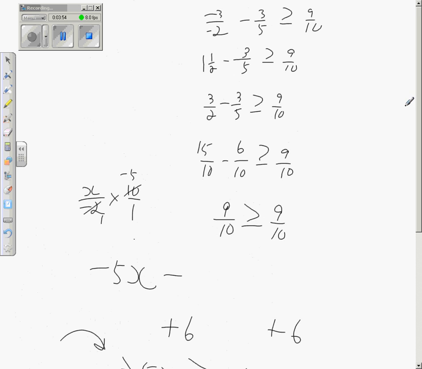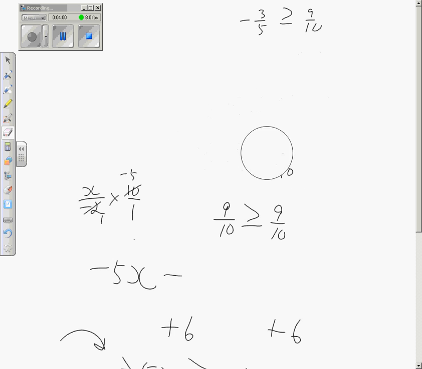So if I chose another number that was less than negative 3, for example negative 4, let's just choose negative 4 and see if that works, because that's less than it. Negative 4 over negative 2, we're going to use our common denominator of 10 again. We'll just make sure those are positives, because we know a negative divided by a negative is positive.